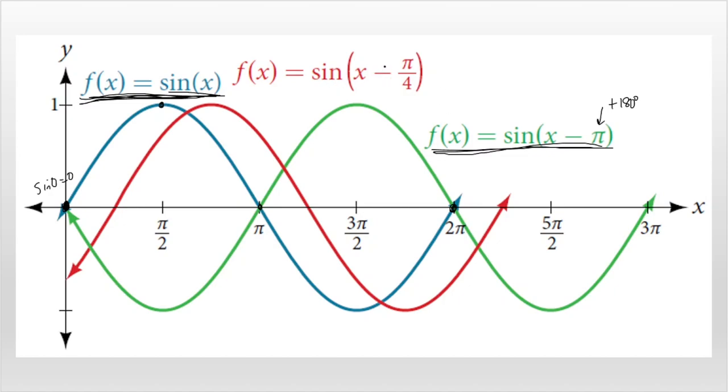For the red function here, you can see it says pi over 4, which is what, 45 degrees. I know pi over 2 is 90, so pi over 4 has to be half that. So that's a 45-degree shift. And I can see that instead of starting at 0, I'm going to have sine of 0 minus pi over 4, right?